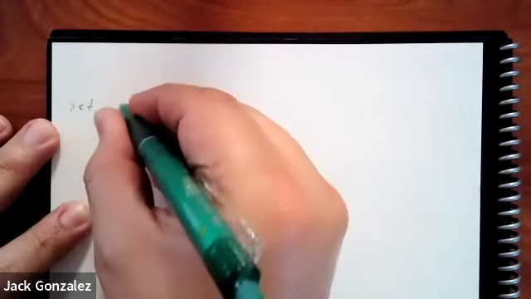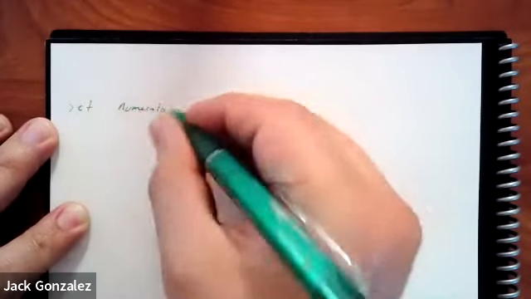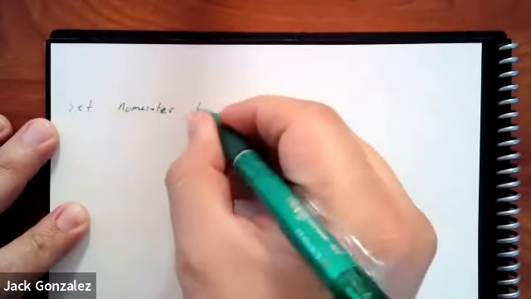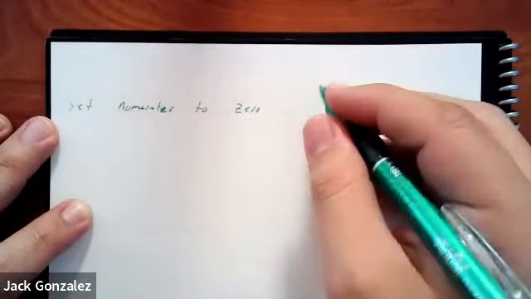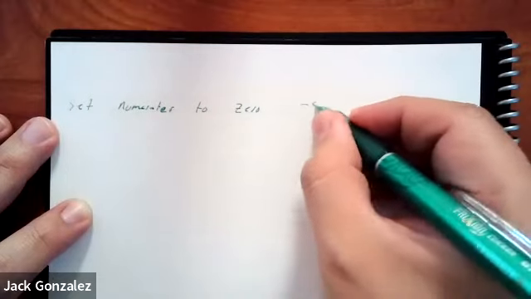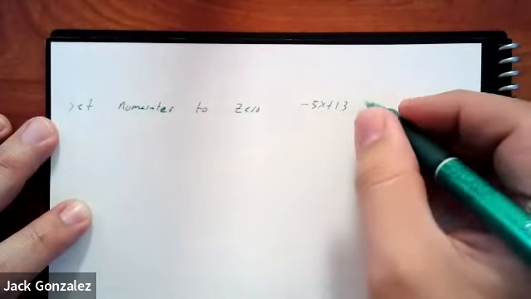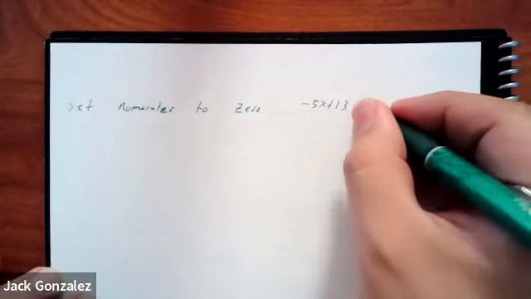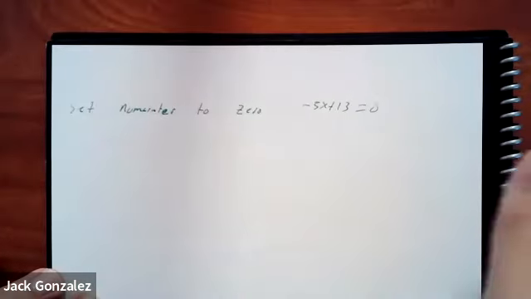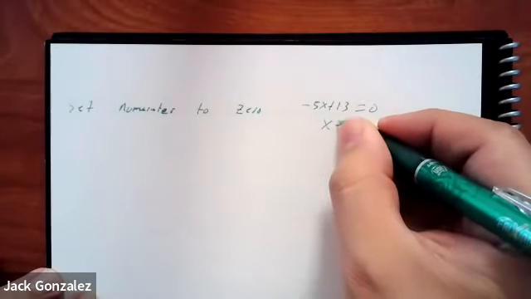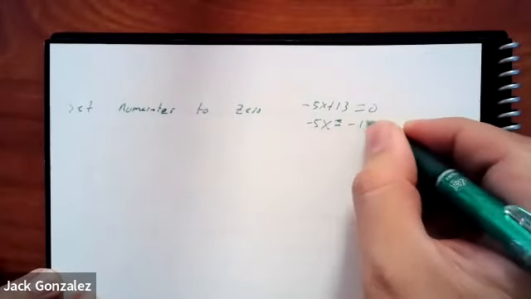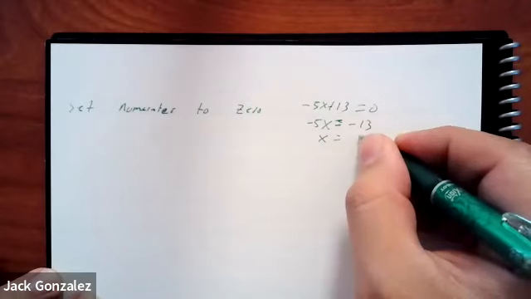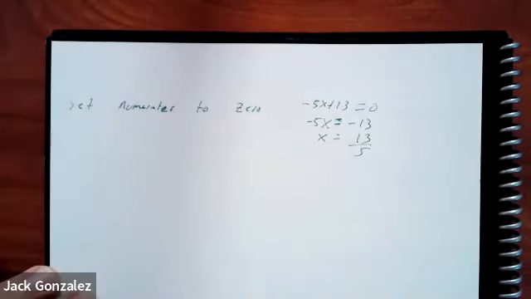So set the numerator to 0. Numerator was -5x plus 13, right? So solve for x, set the numerator equal to 0.